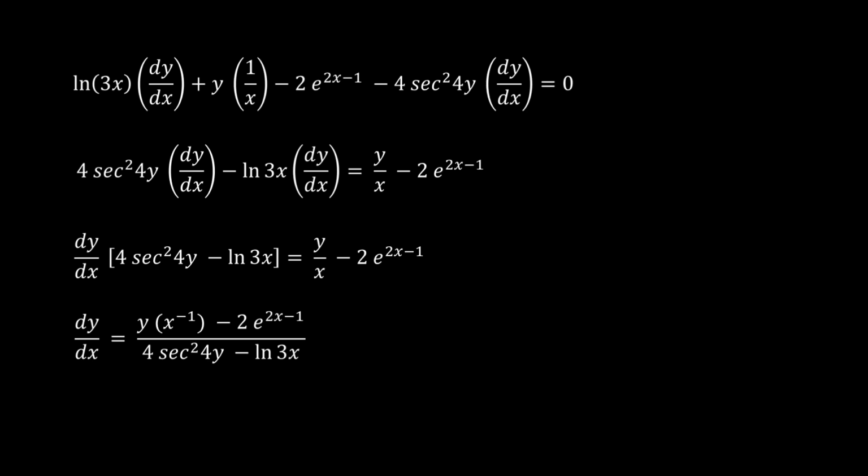So and then we get x power of negative 1 y minus 2 exponential power of 2x minus 1 over 4 secant squared of 4y minus ln 3x, and that's the answer. Thank you.